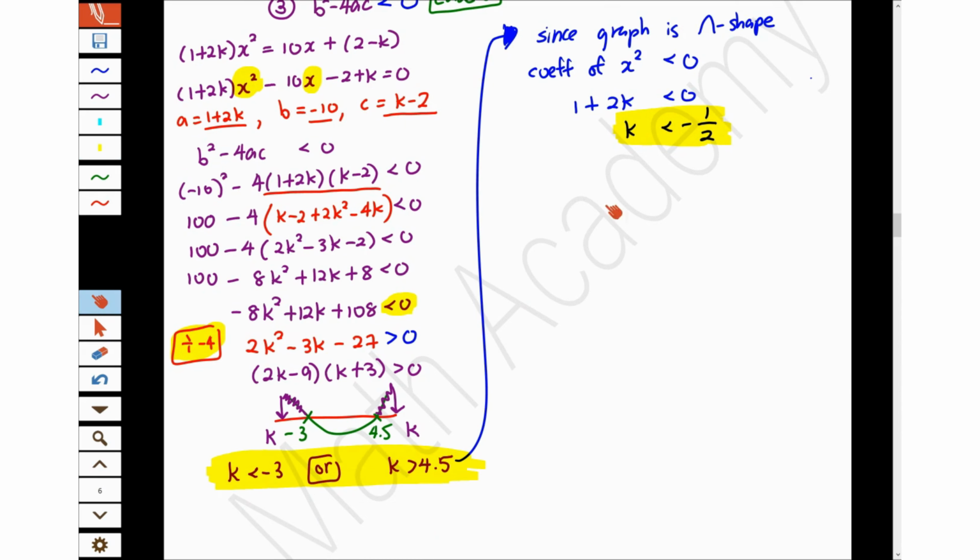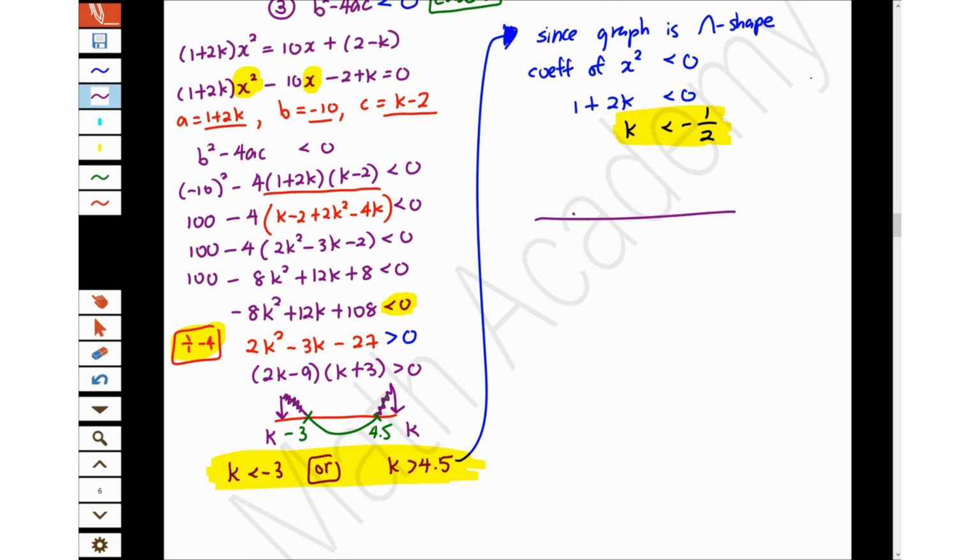If you look at these two yellow color portions, you can tell without drawing a number line. You want something for k such that k must be less than -half. So from here you can choose which inequality will satisfy this. You must choose something that is less than -half. So you got to choose k less than -3. If you can't tell, then you just have to draw a number line.